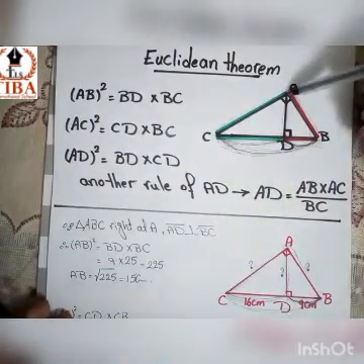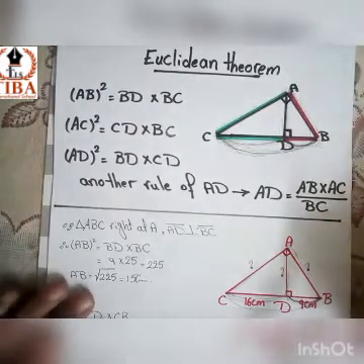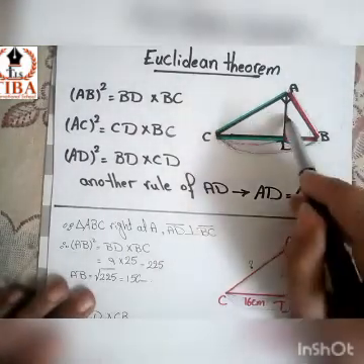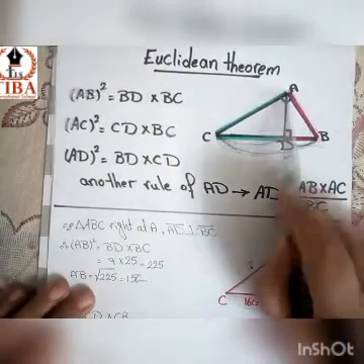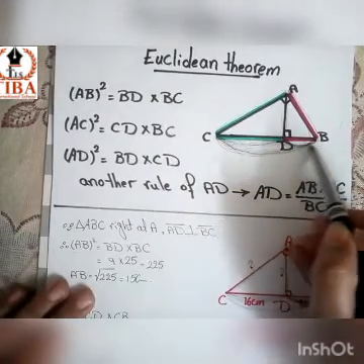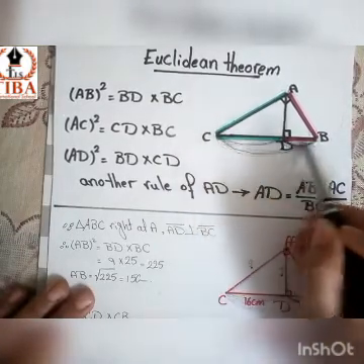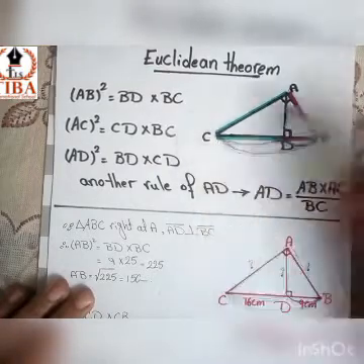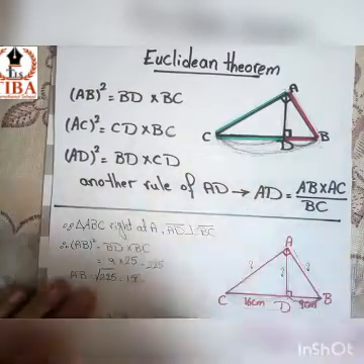And to find the length of the line AD, we have two rules. The first one: AD power 2 equals the length of BD, this part, times the length of CD, this part. The red times the green. AD power 2 equals BD times CD.